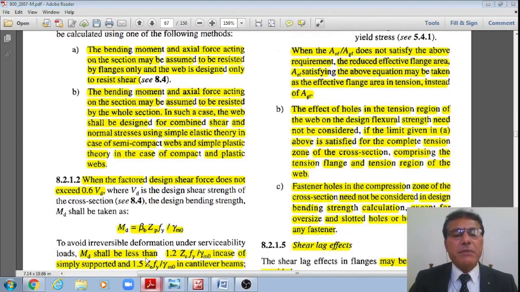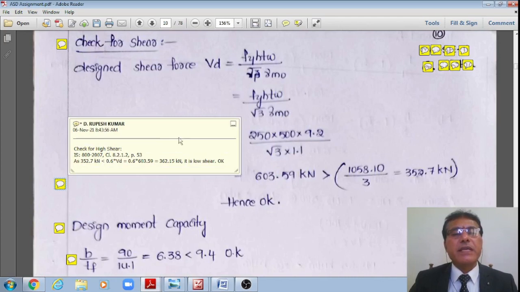Therefore, now let me check whether it is a case of high shear. The shear force on each of the beams is equal to 352.7 kilonewton, and what is 0.6 VD? 0.6 multiplied by 603.59, it works out to 362.15, whereas 352.7 is much less than 362.15 kilonewton.